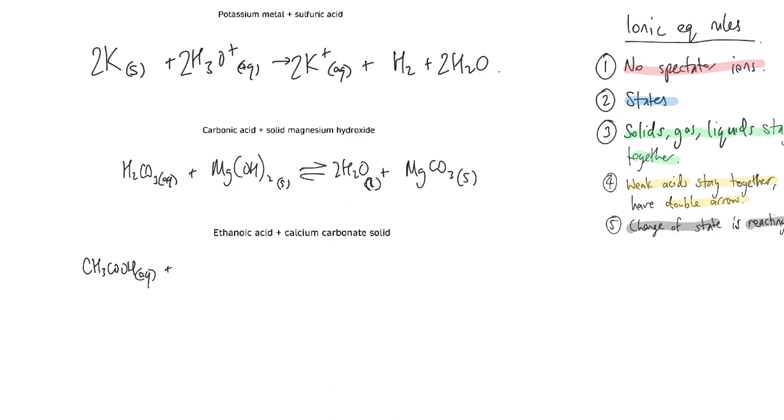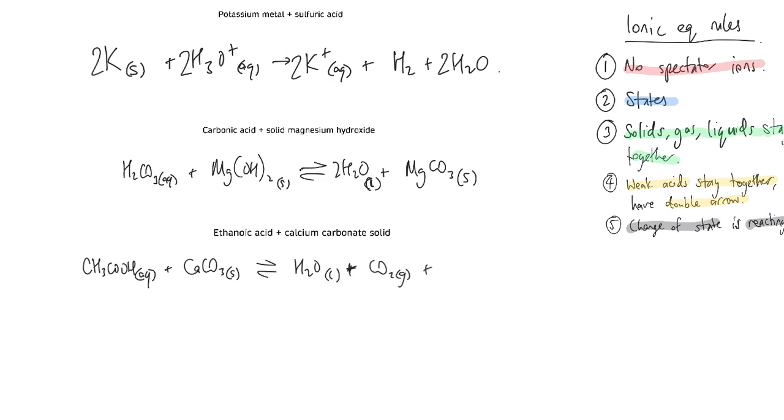Calcium carbonate solid, I know that that's a solid, so I can write that out immediately. I know it's a double arrow because it's a weak acid, right? So then I need to think, what is the products of this? So it's an acid plus a carbonate, so it's going to make water and carbon dioxide gas. Easy enough. Now, what is the salt produced?